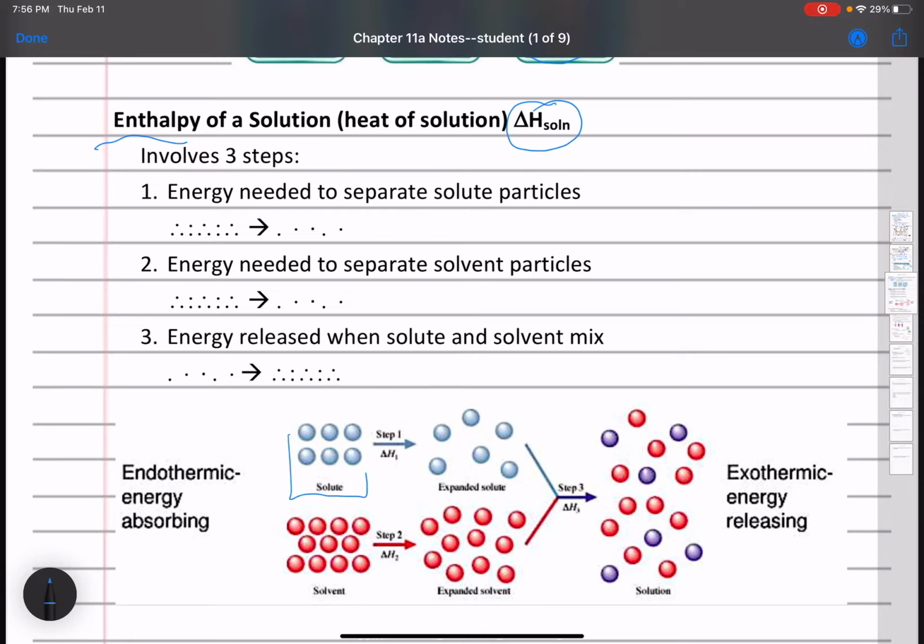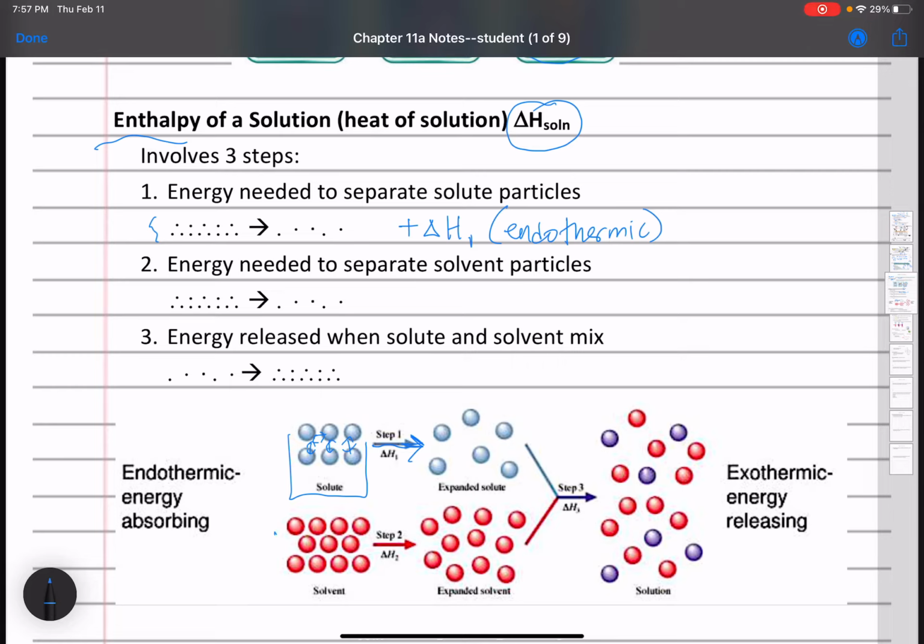They're held together by intermolecular forces, attracted to each other by London forces or hydrogen bonds or whatever it is, depending on the solute. So we need to add energy in order to disrupt those intermolecular forces. I diagrammed that here too. That requires an input of energy. So the heat of this step, we'll call it step 1, is positive. It's endothermic. It's going to absorb energy.